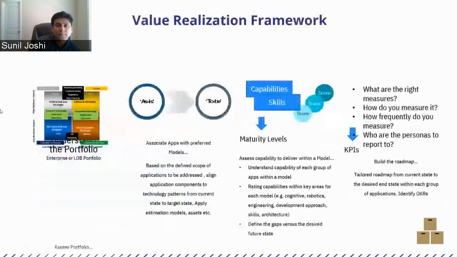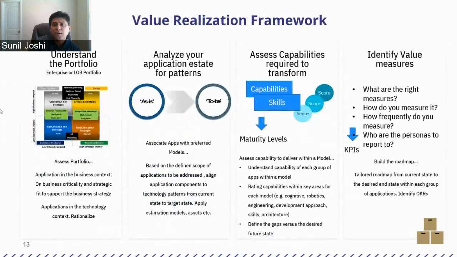So with that preamble, I want to introduce you to what I call the value realization framework for modernization. Just for the ease of discussion, and I'm happy to indulge in questions and comments and discussions on this, right? I've divided the framework into 4 aspects. If you want to call it steps, you can call it that.